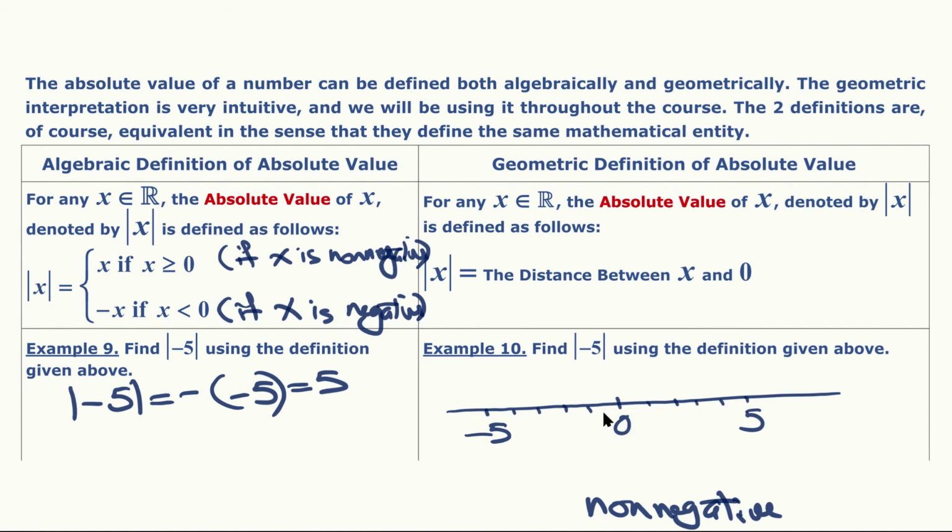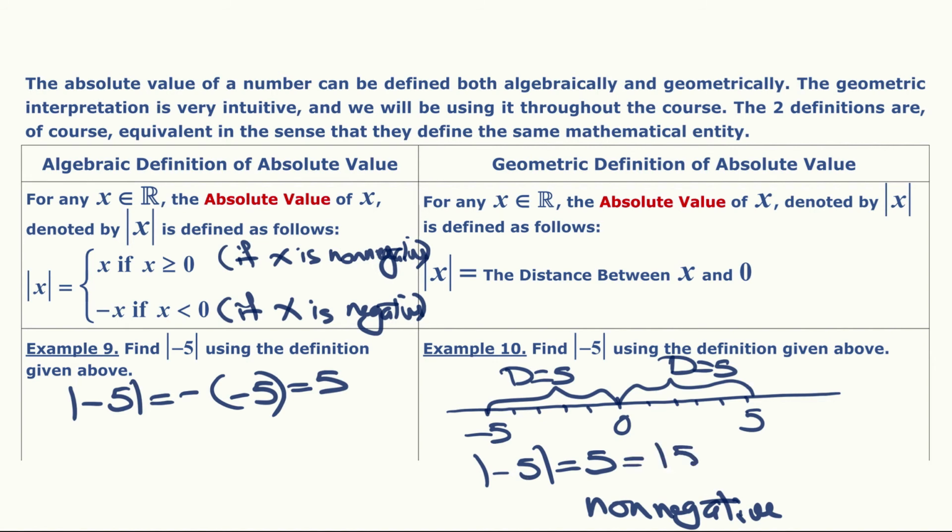And notice that the same number of units separate 0 and -5. So while this distance here is 5, so is that distance. So that's why absolute value of -5 is 5, which is the same as the absolute value of 5, because both 5 and -5 have the same distance from 0, namely 5.